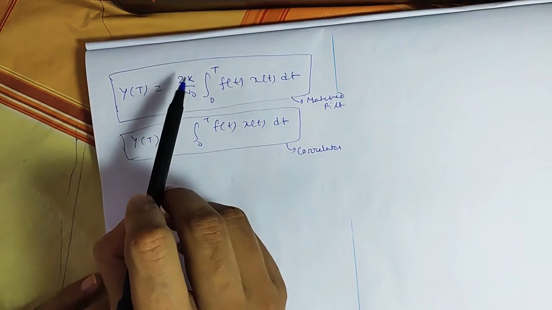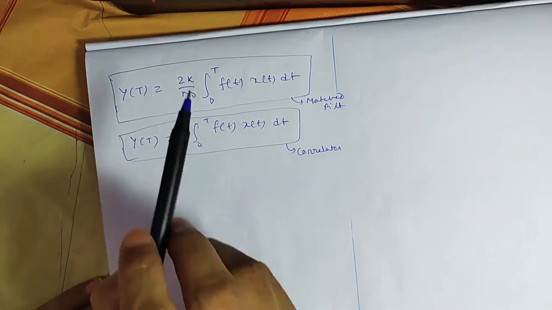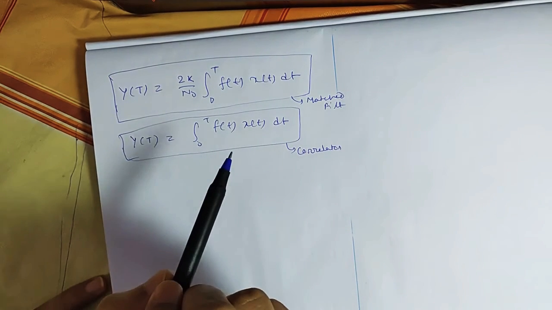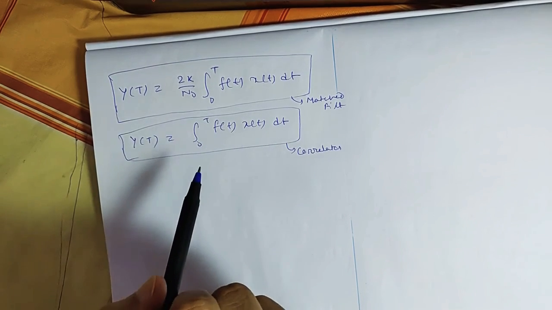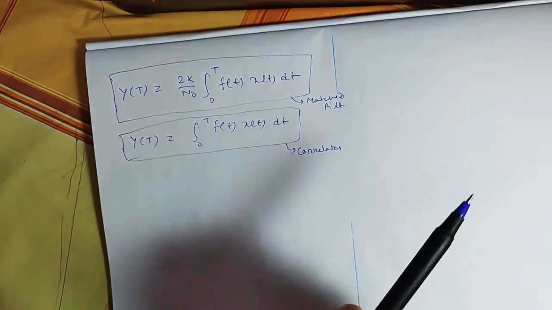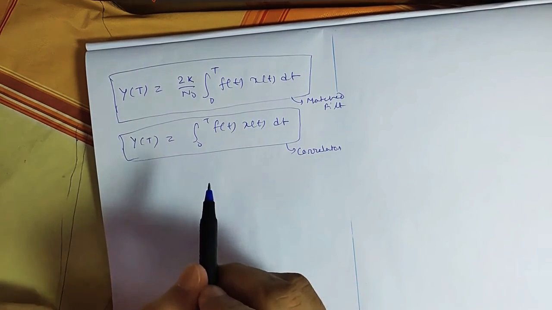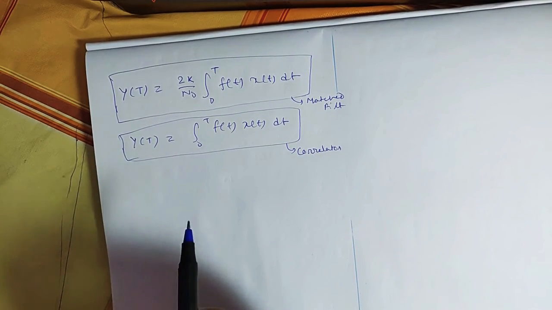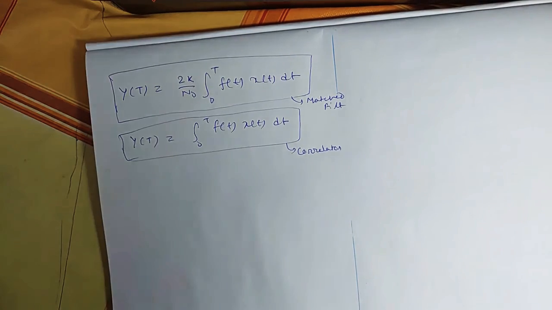Now if we assume 2k by N0 is normalized to 1, then the correlator output and the matched filter output will be equal. So in either method we can achieve the optimum performance, and that's how either of these two can be used for the communication receiver.